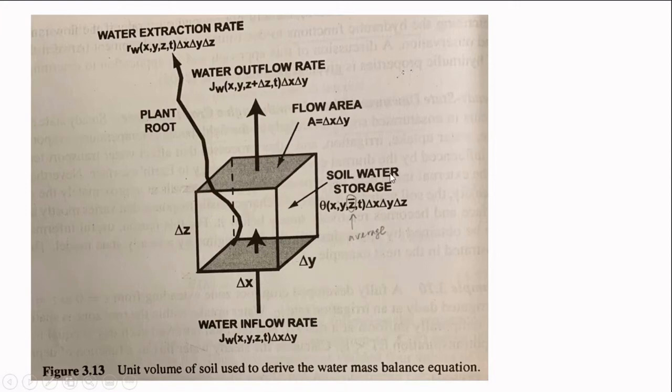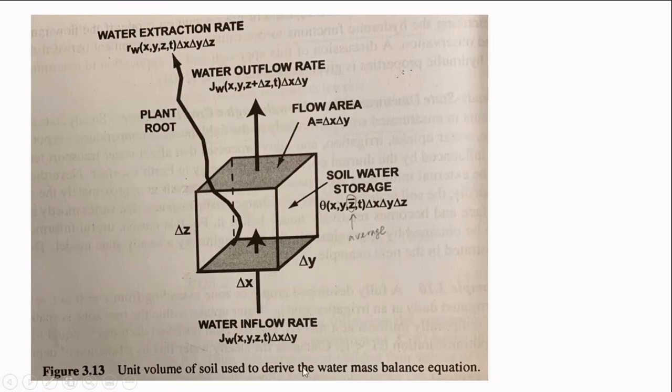And of course this cube has a soil water storage. And this cube can also lose water through the water extraction rate. This water extraction rate is actually the loss due to plant root absorption. So the roots of the plant extract the water from the cube, and the water in the cube is lost in this regard.